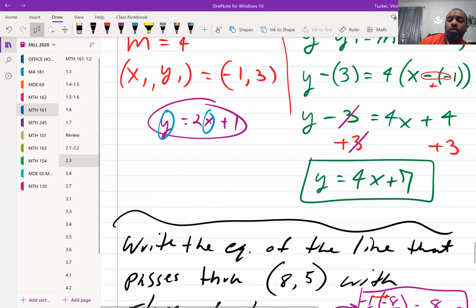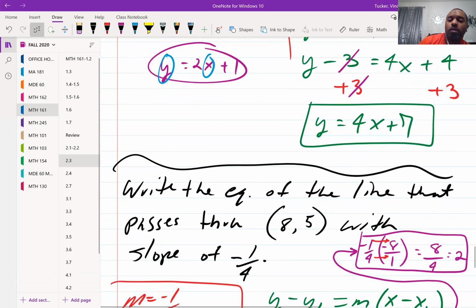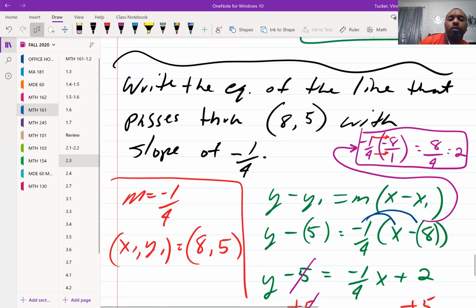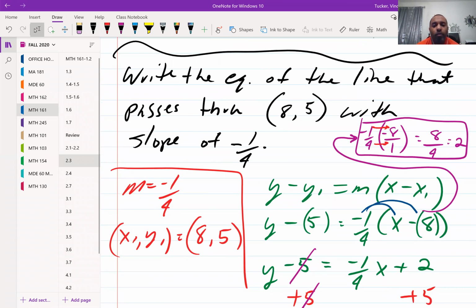All right, so let's do that one more time. Here we have write the equation of the line that passes through (8, 5) with the slope of -1/4. So once again, here's the information that we can extract from the problem. Our slope is -1/4.